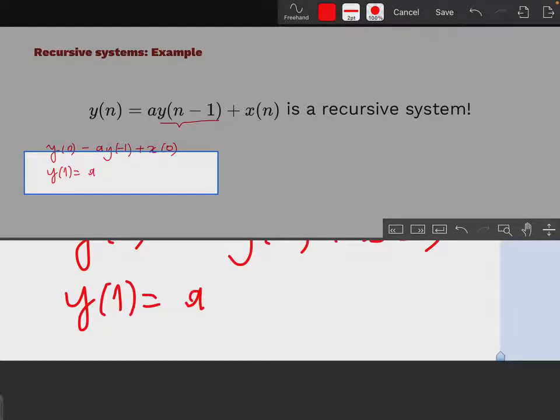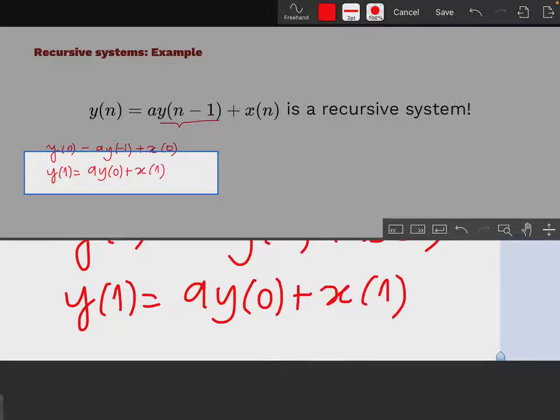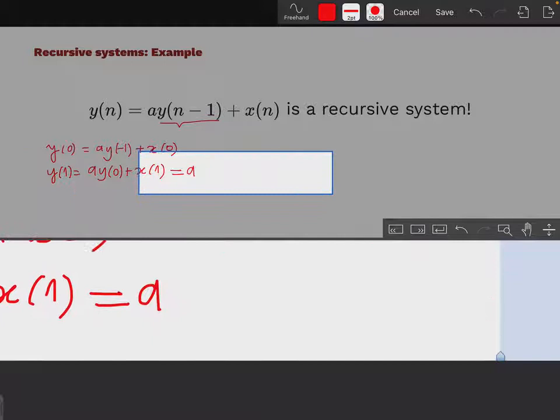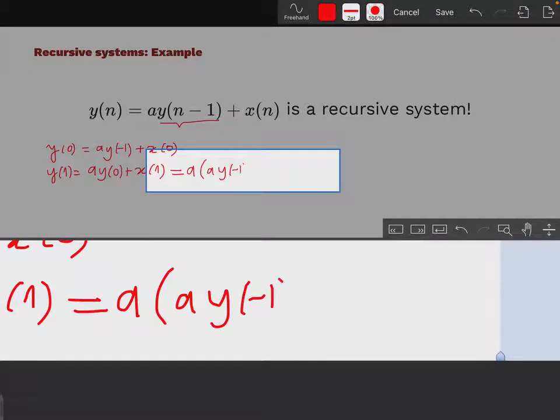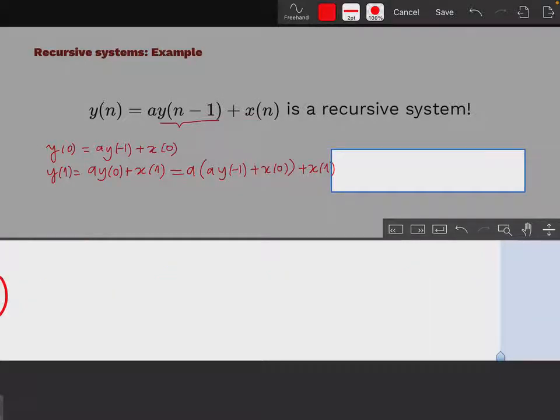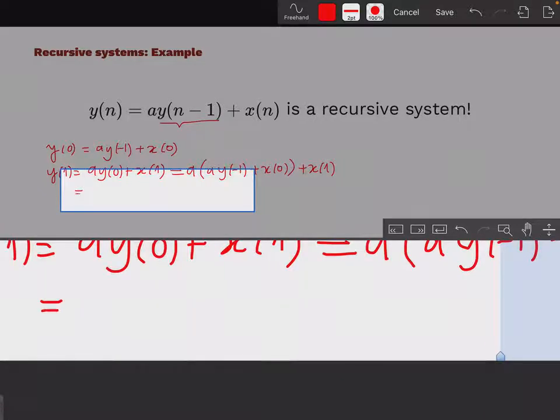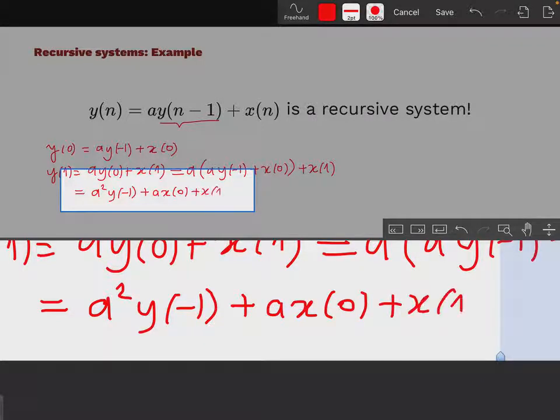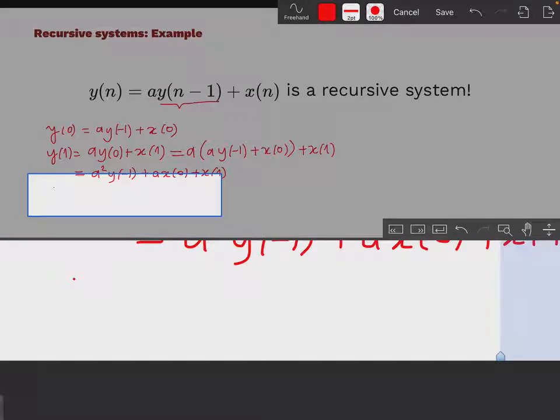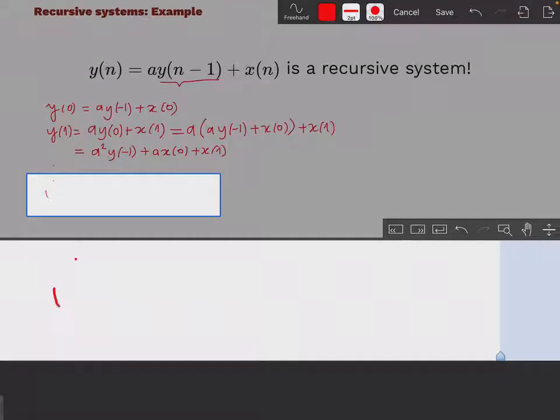That is a times y0 plus x1, which is equal to a times (y minus 1 plus x0) plus x1, which again is then equal to a squared y minus 1 plus a x0 plus x1.